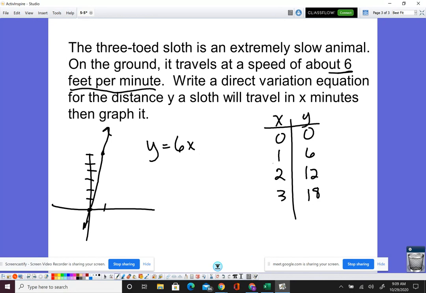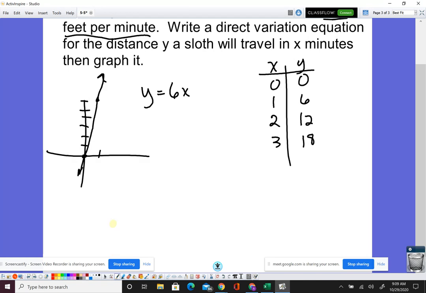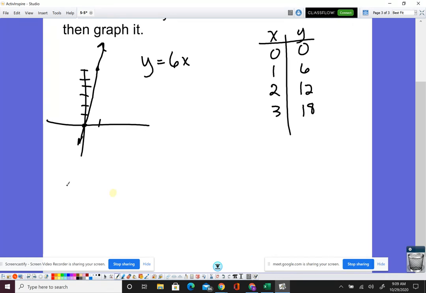There's one other way that they can present the story problems, and it's with a statement like this.